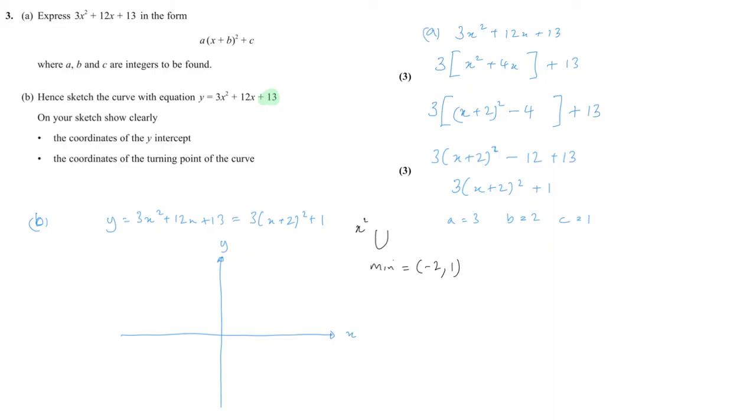So I've got my shape, I've got my minimum, and my y-intercept is 13. Okay, and then I just draw it. So I go across 2, 1, something like that, and then I just have to draw my shape.